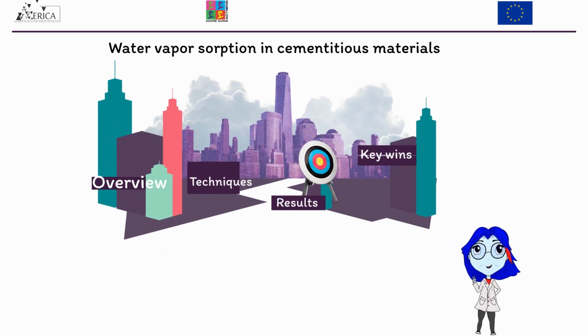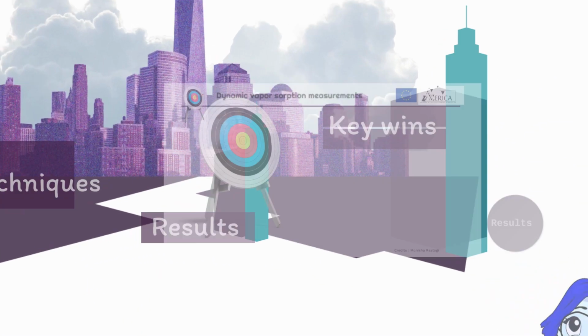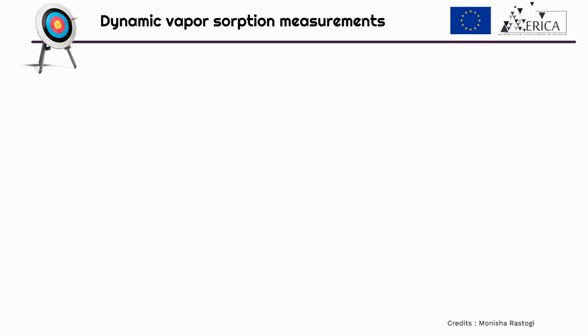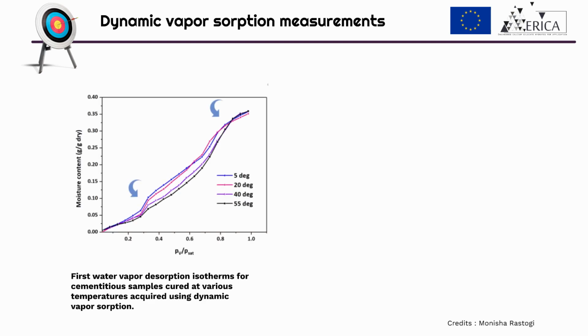Now we will move to the key results of this project. From dynamic vapor sorption measurements, we learned that we see 2 sudden jumps in the sorption isotherms, which were initially proposed to correspond to microstructural changes of the cementitious material.